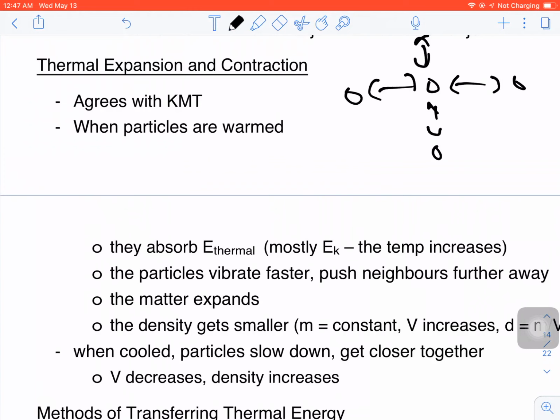So thermal expansion happens as I add thermal energy to matter in the solid state or the liquid state. It will cause the matter to expand.